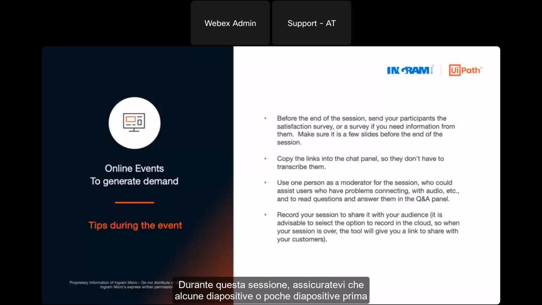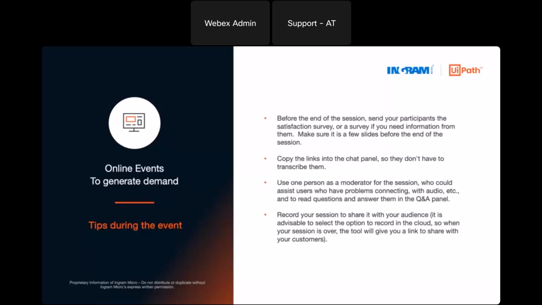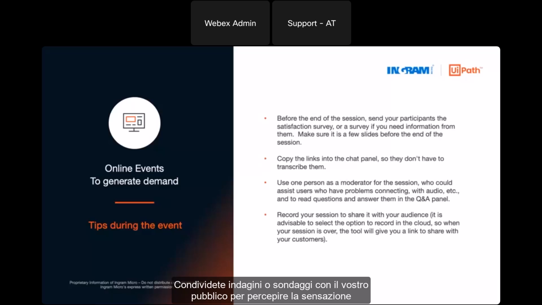During the session, make sure that a few slides before the end of the session, you share a survey with your audience, right? Share surveys or polls with your audience in order to sense the feeling in the room, the vibe in the room, but also ask them about other topics or any other processes that they would like to see in upcoming events, if you are moving the conversation around the business outcomes, the business value around automation with UiPath.